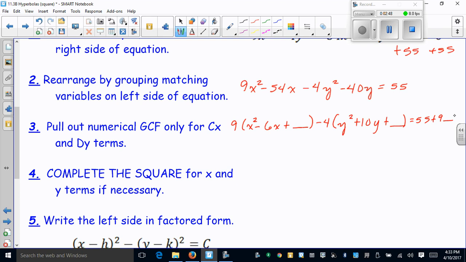So now we're ready to complete the square. So I'm going to come down this way so I can actually move it over a little bit.